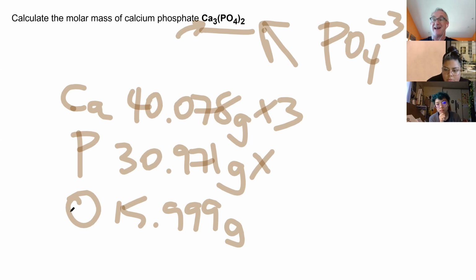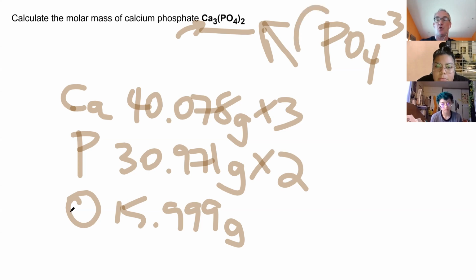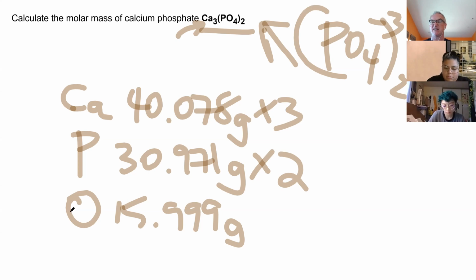It's an ion that has more than one atom in it, and there are 2 of them associated with calcium. So there are 2 phosphates. And how many oxygens are there? 8, right, because there are 2 whole things of those. So there are 2 phosphorus atoms and 8 oxygen atoms.